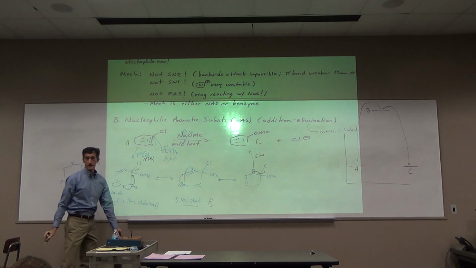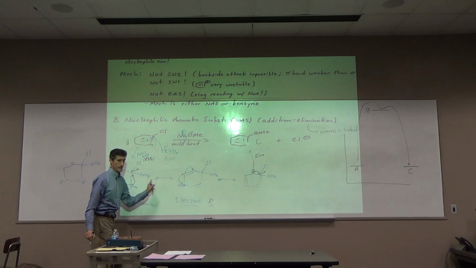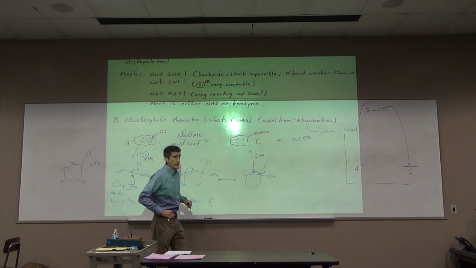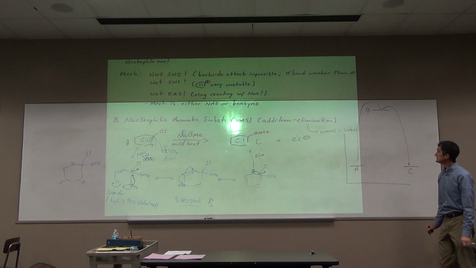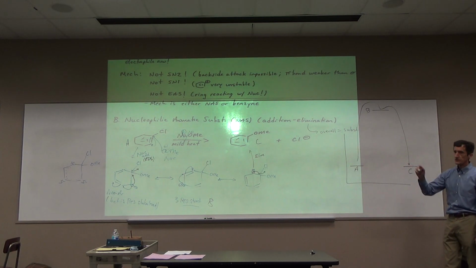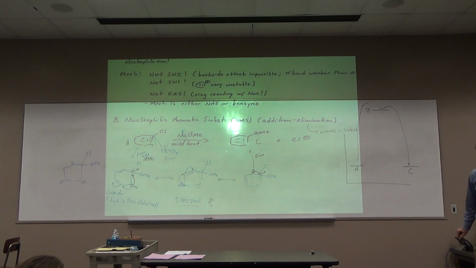The first step, making the high energy carbanion. Even though it's resonance stabilized, it's still a carbanion. It's still charged, and it is thus higher energy. But I'm telling you this reaction doesn't work. Explain why it doesn't work. The energy required is too high.